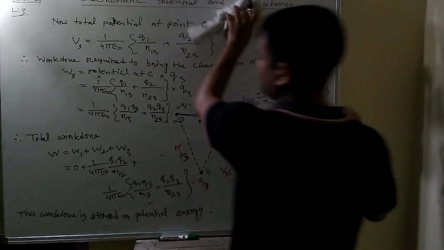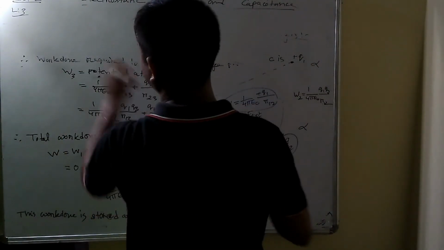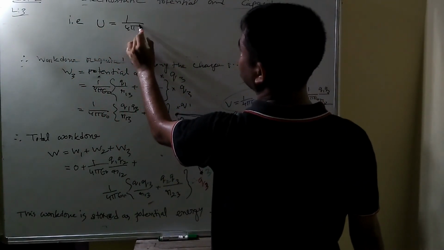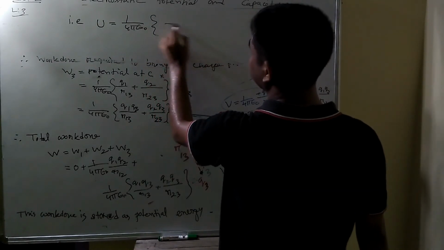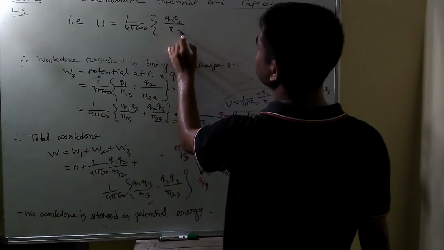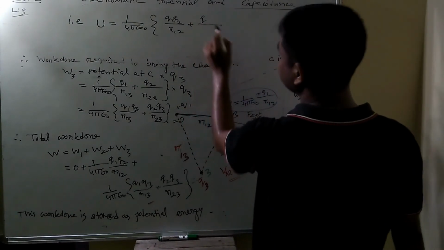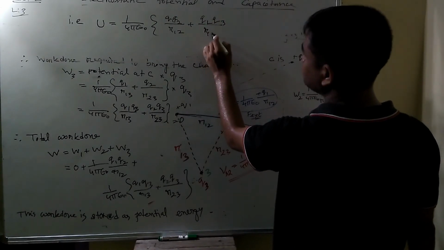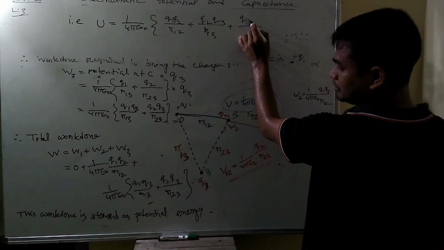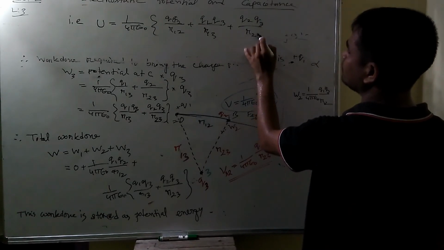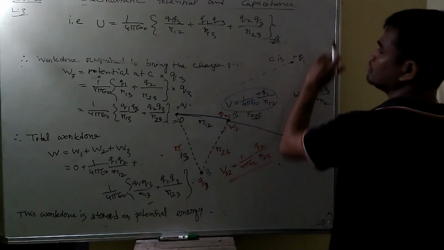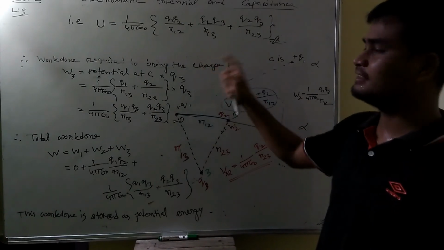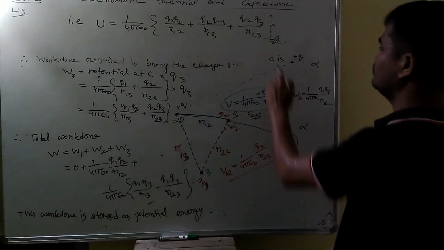That is, U is equal to 1 by 4 pi epsilon naught, Q1 Q2 by R12 plus Q1 Q3 by R13 plus Q2 Q3 by R23. This is the total potential energy stored in the three-charge system. Clear? Okay. Thank you.